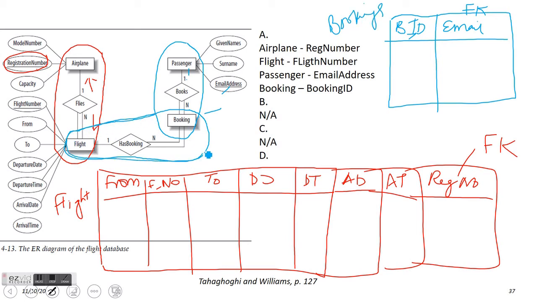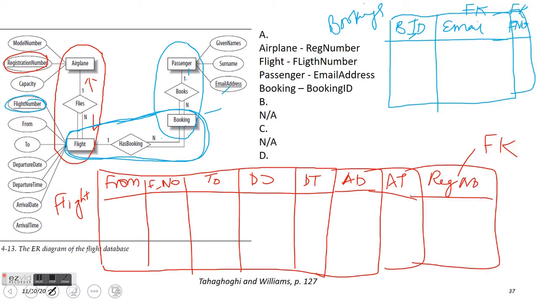Okay, and now let's look at this relation. This is the third one, 1-to-n non-identifying. Again, when I'm developing the table for the n side of the relationship, which is the booking table, I'm going to need to add the primary key of the table on the one side. The table on the one side, flight, its primary key, flight number. So my booking table would also have flight number as a foreign key.